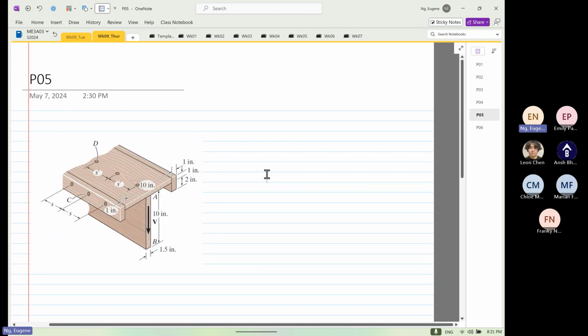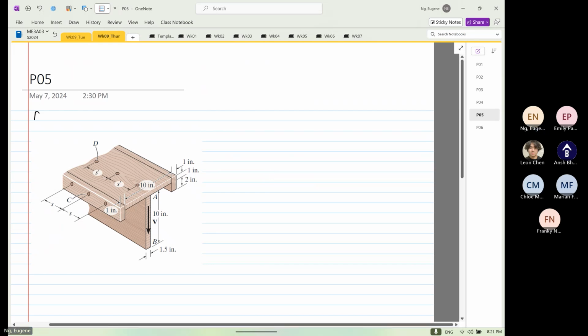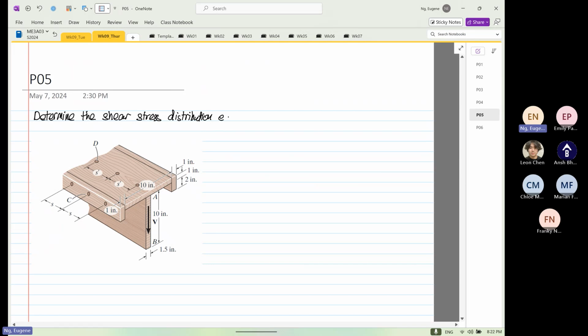We are going to determine the shear stress distribution equation.